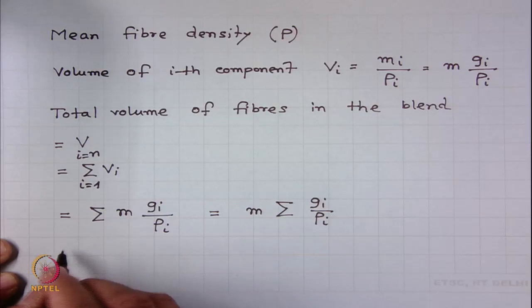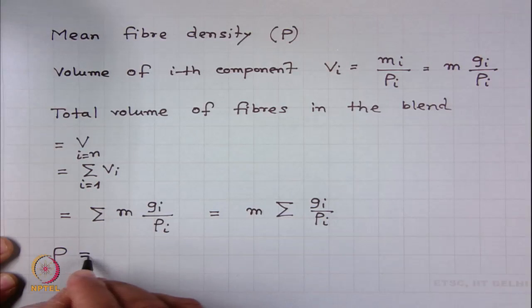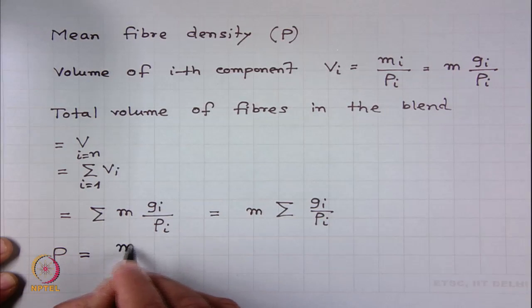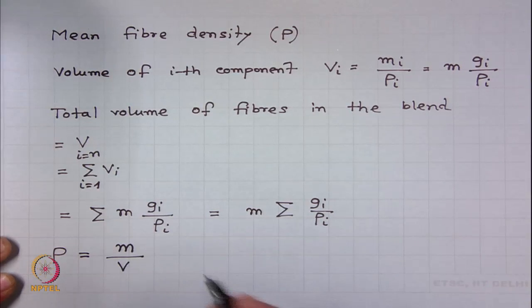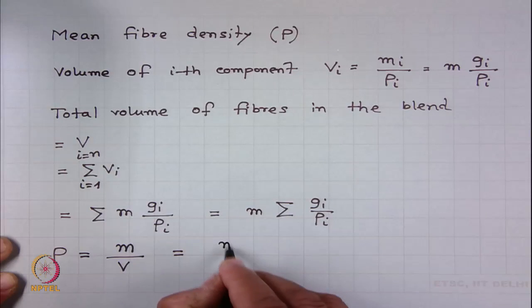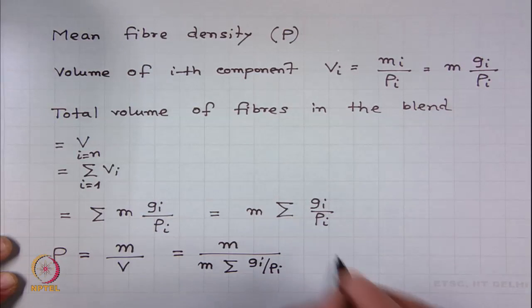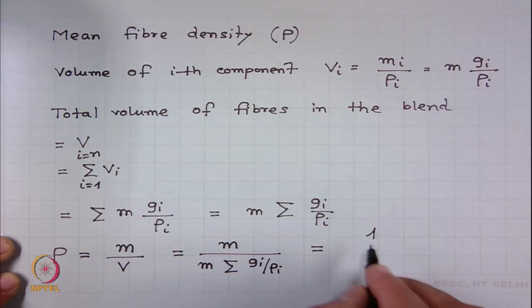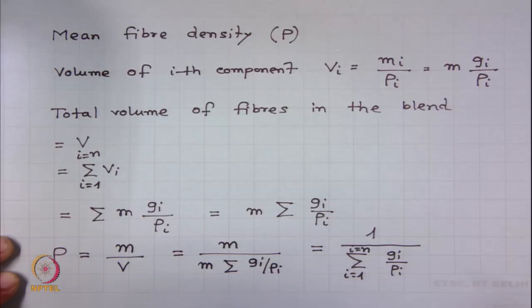So, we can now write the mean fiber density of the blend as total mass of fibers in the blend divided by total volume of fibers occupied in the blend. So, V is equal to M times the summation. So, what we obtain? We obtain 1 by summation Gi by rho I, where I varies from 1 to n.